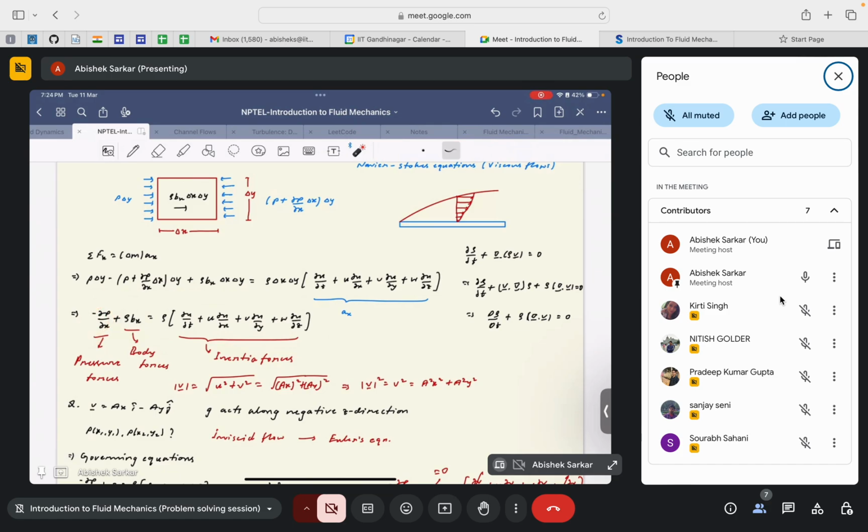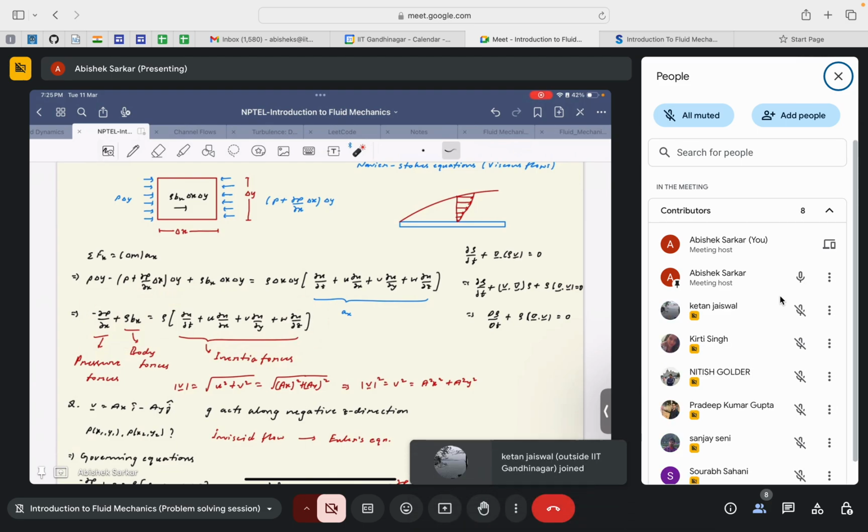So if this is a sole equation that you are using to find the net forces that act on a body, in that case the flow has to be incompressible. Why? Because if that's not the case, then this equation will become coupled with the mass conservation. So these two equations have to be solved simultaneously to find the expression for density, because density is now also varying with, say, space or time.